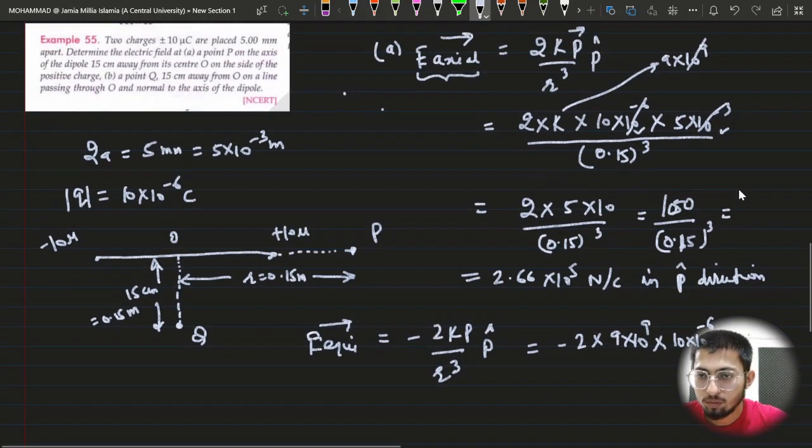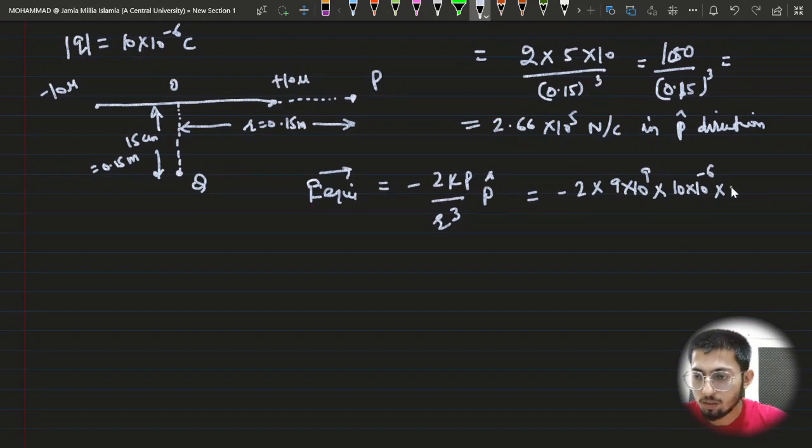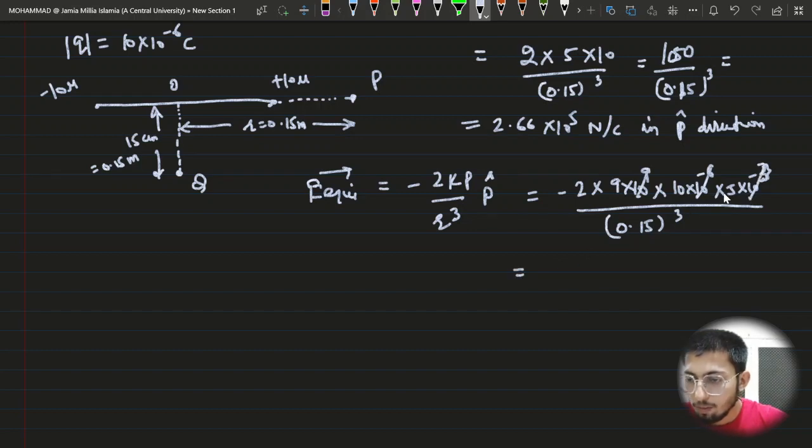2a is 5 into 10 to the power minus 3, divided by r cube. r is 0.15 cube. 9 and 9 cancel. 10 into 10 is 100, 900 minus 900 over 0.15 cube.